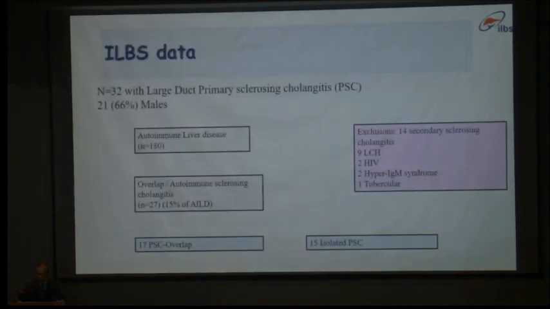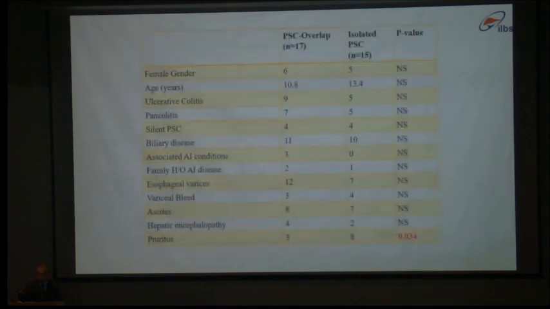We had 32 patients with large duct primary sclerosing cholangitis. In this data, we did not analyze small duct PSC. 21 were males, and we excluded 14 secondary sclerosing cholangitis cases due to LCH, HIV, hyper IgM syndrome, and tubercular. Overall, we had 17 PSC overlap and 15 isolated PSC. They were almost comparable in demography and clinical presentation, except for pruritus, which was more often seen with isolated PSC.